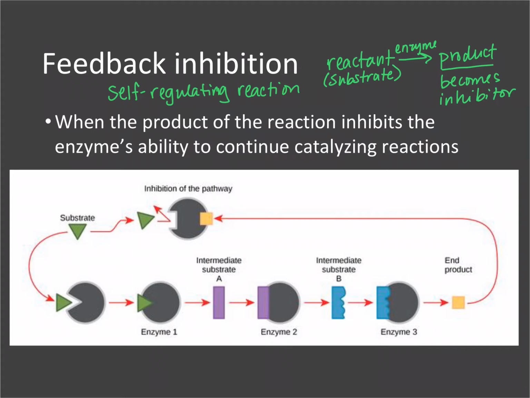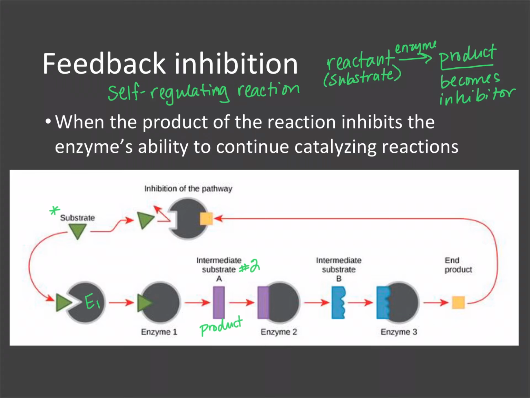So you can see in this picture at the bottom that we have a substrate that binds with an enzyme, and that produces a product, which in this case actually becomes the next substrate. So this is like substrate number 2. And that substrate binds with a second enzyme.